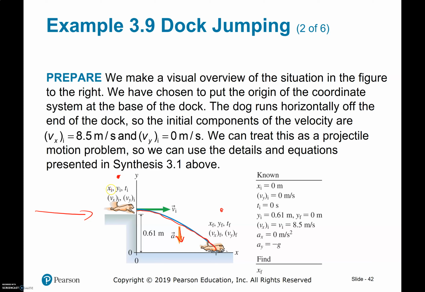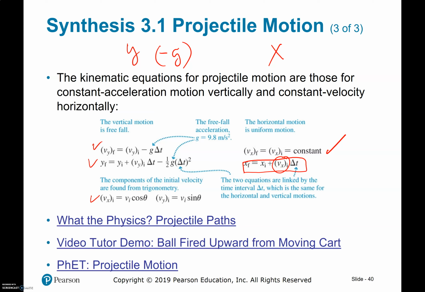Here we have x initial, y initial, time initial, initial velocity in x and initial velocity in y. These 5 quantities are related to the 5 equations that we looked at before. Let me show you the equations here. So we have these 5 equations.